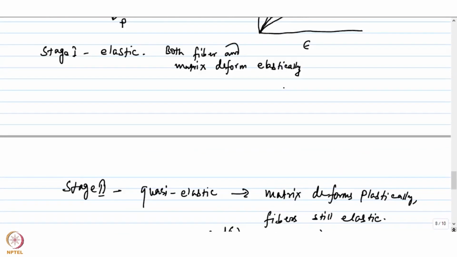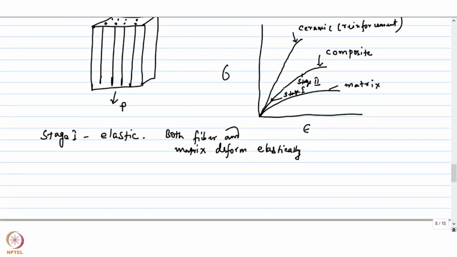So on the stress strain curve, it will be the upper portion, right? So from here onwards, after stage 2, this portion is stage 3.